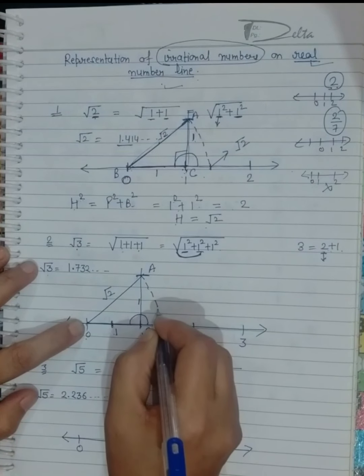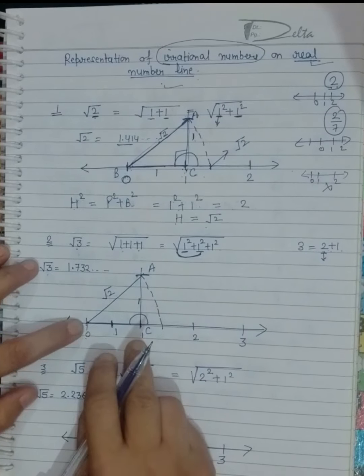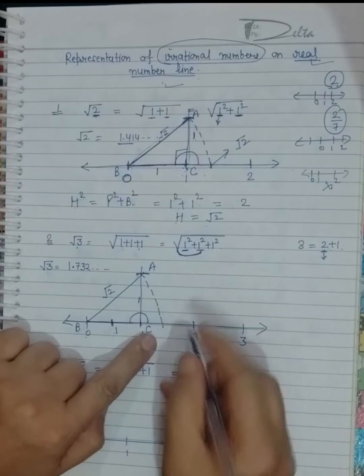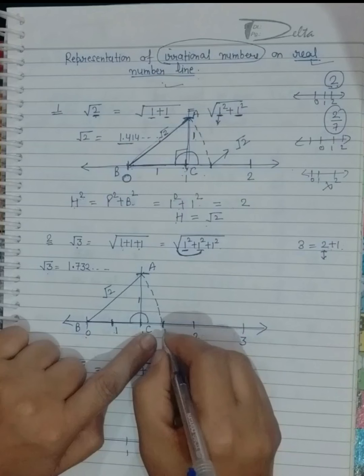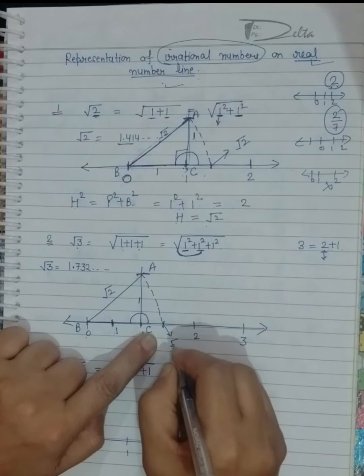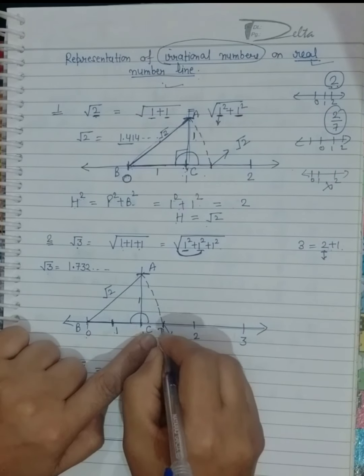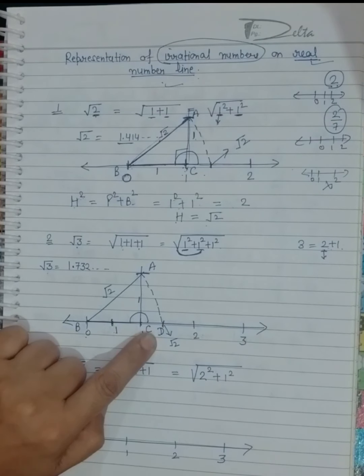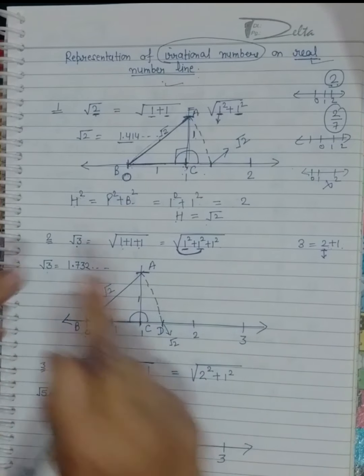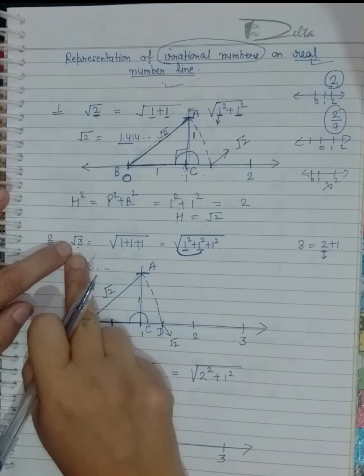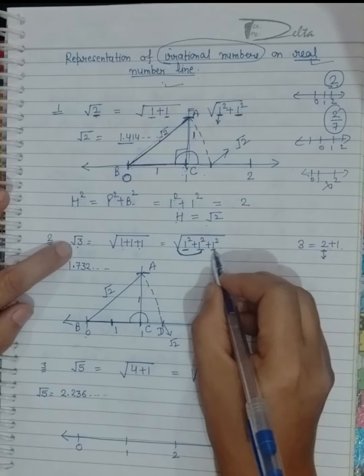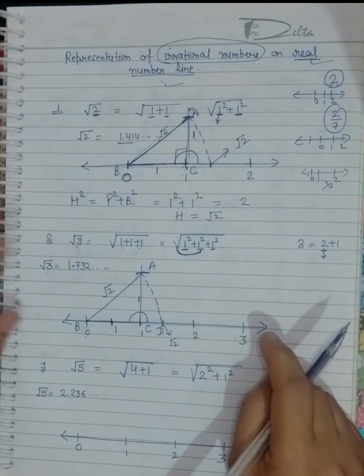Now the same way as we have done in the previous question, this is root 2 and let us call it point D, but we have to represent root 3, and we are left with again 1.